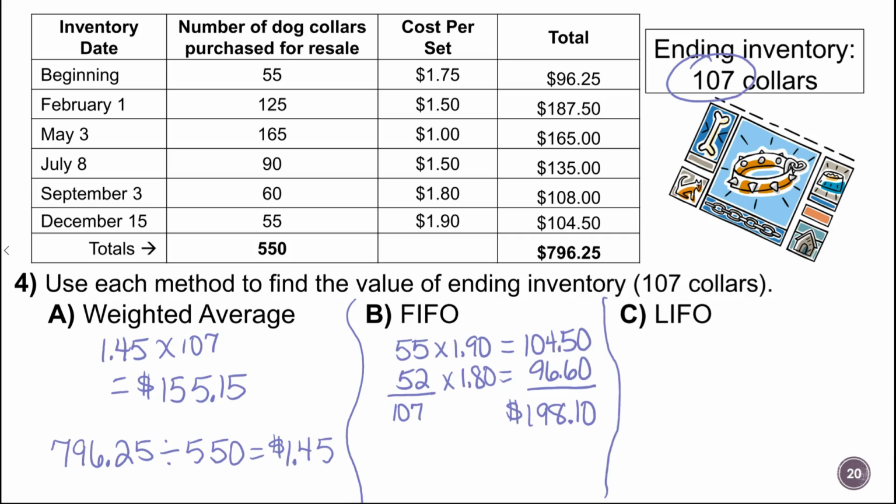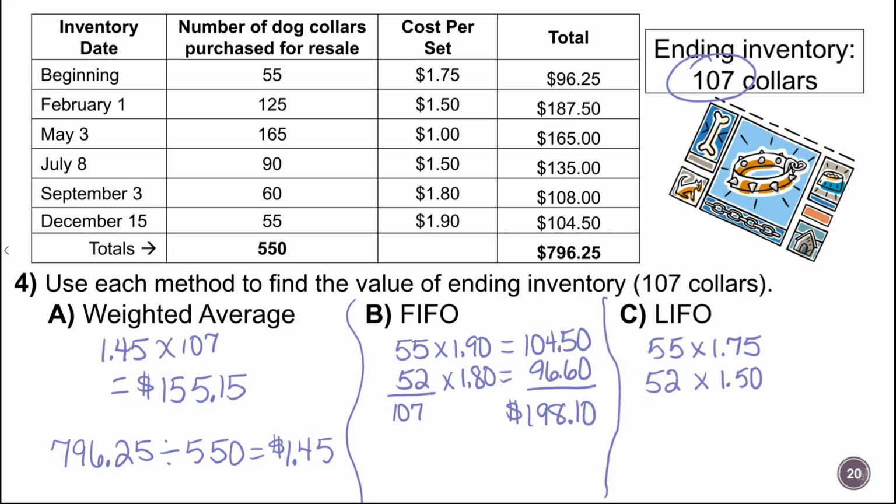And then last in, first out means we sold the ones at the bottom of the chart, so we're going to get our ending inventory from the top of the chart. 55 times 1.75. Oh, and I guess that means you know how many we need from the next category would be 52, and then 52 would be times 1.50, because remember we're looking at the top of the chart this time.